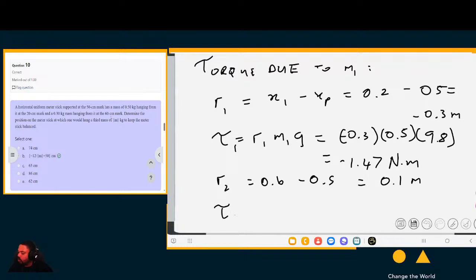Torque due to the second mass is R2 times mass 2 times g.